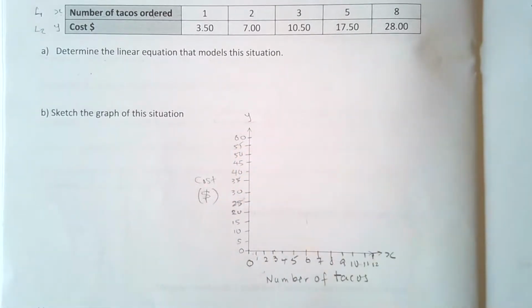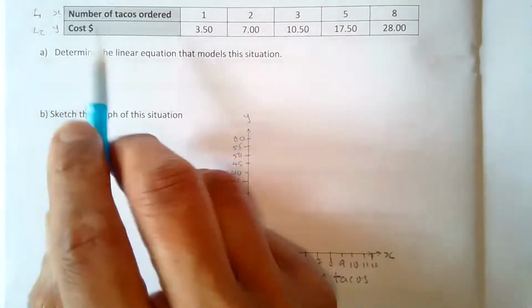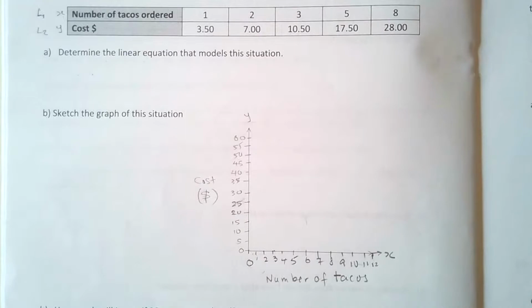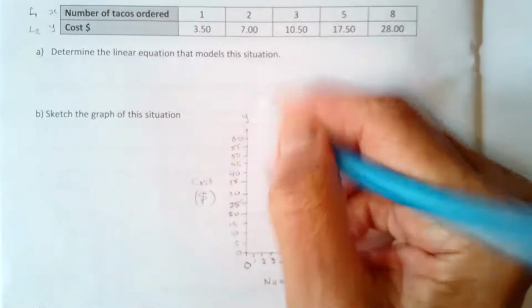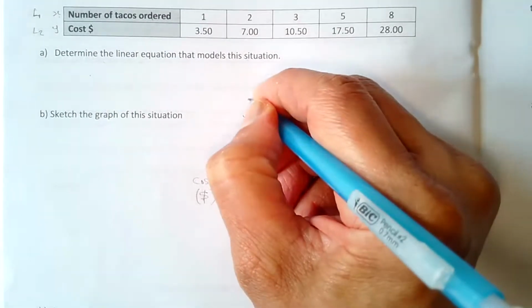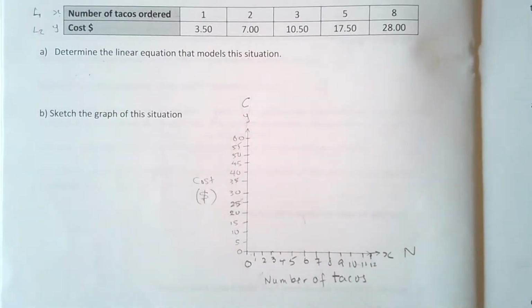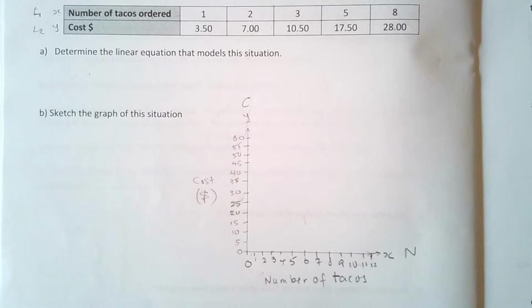So that's for my y-axis, the cost. We can call this C if you want, and this would be number of tacos. If you want to relabel your x and y-axis, you can, but you don't have to.